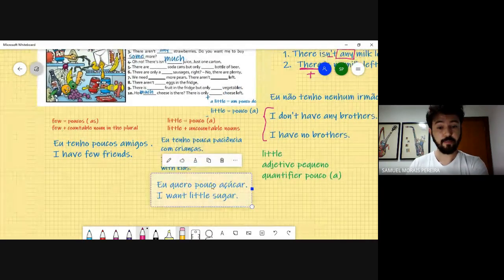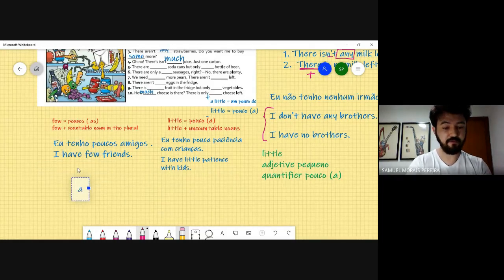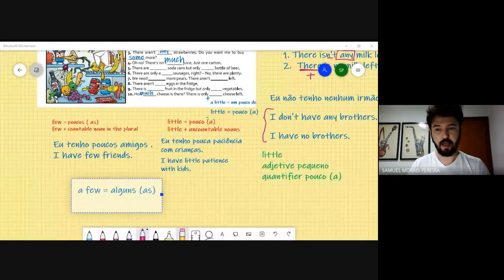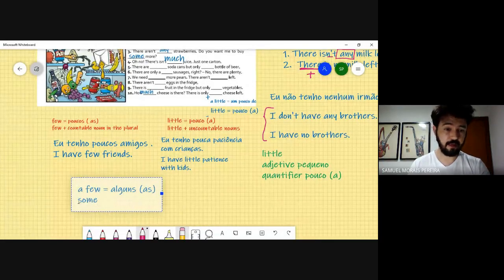Now pay attention. Something which confuses students is the following. So in English, I have few, and I also have a few. And a few is translated as alguns or algumas. So as you can see here, a few has the same translation as some. Okay, so I can say that a few, this phrase here, is just like some.